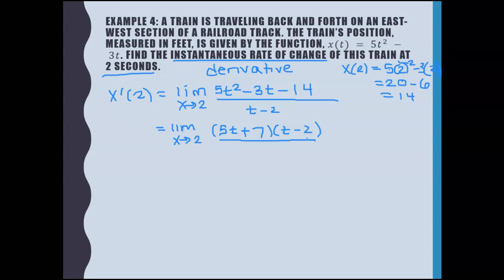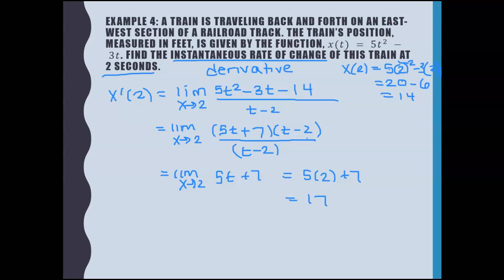Negative 10 plus 7 is negative 3. So that works. So then I get the limit as t approaches 2 of 5t plus 7, which is 5 times 2 plus 7, or 17.